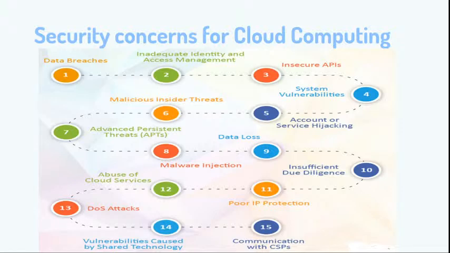Malware injection is like in a WSN, a wireless sensor network, where I can introduce my own sensor network and within it collect other people's data. That is malware injection. Then DDoS attacks and communication with the CSPs. So these are some of the security concerns in cloud computing.